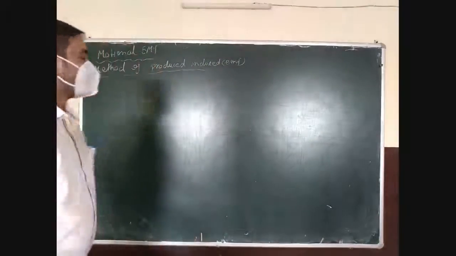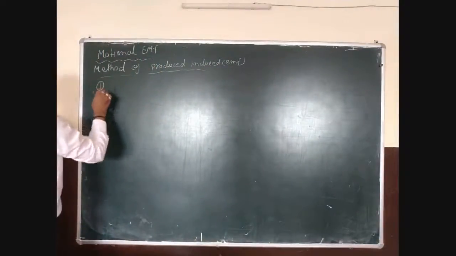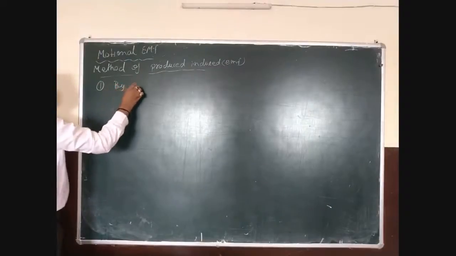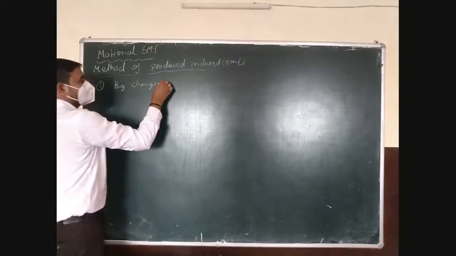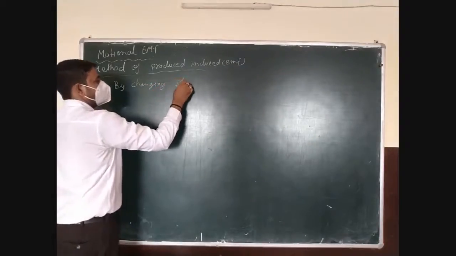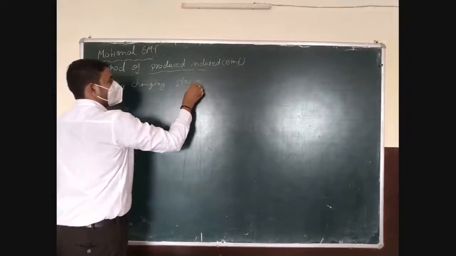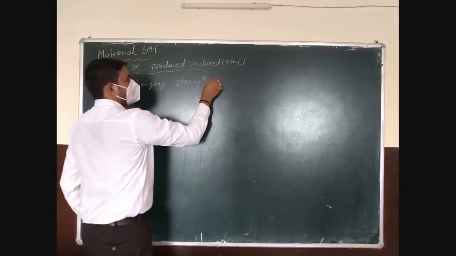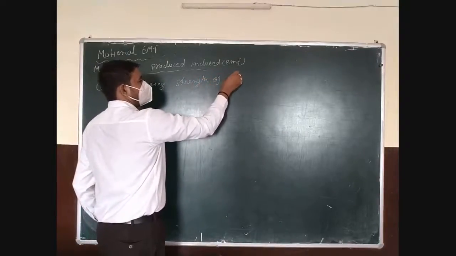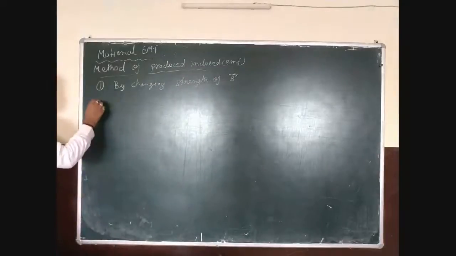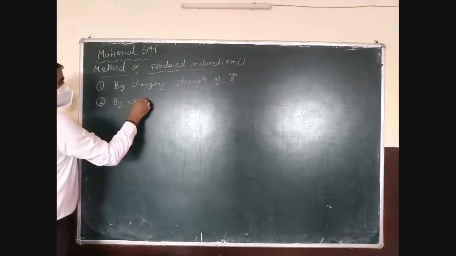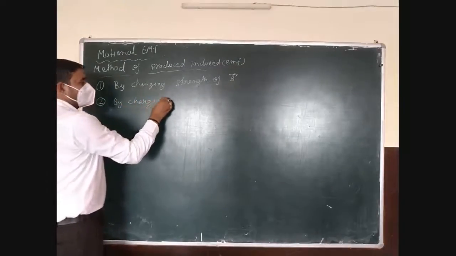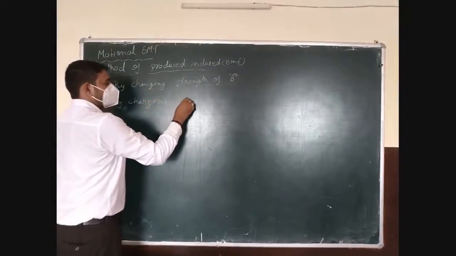We have three methods to induce EMF. First, by changing the strength of the magnetic field. Second, by changing the area.